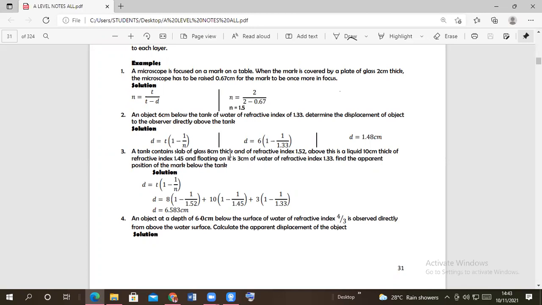Then on that liquid, there's water that is floating. So there is glass, there is a liquid, and now there is water, and this water is floating on the liquid. And they're saying that the thickness of that water, T, is 3 centimeters, but its refractive index is 1.33.